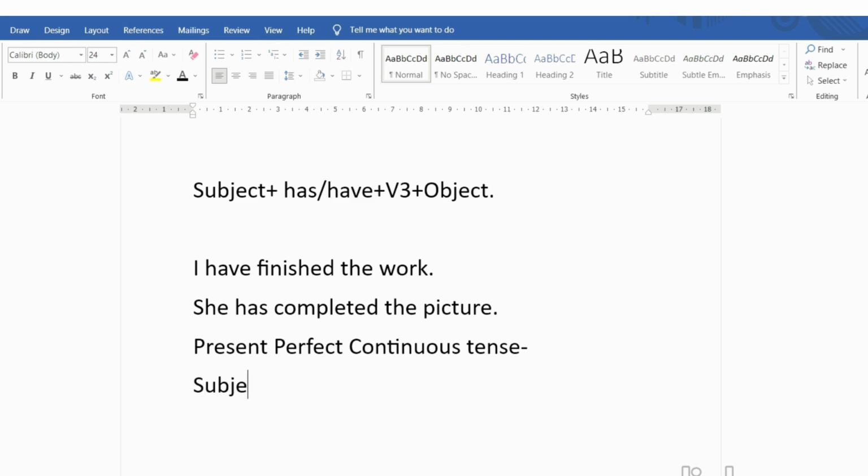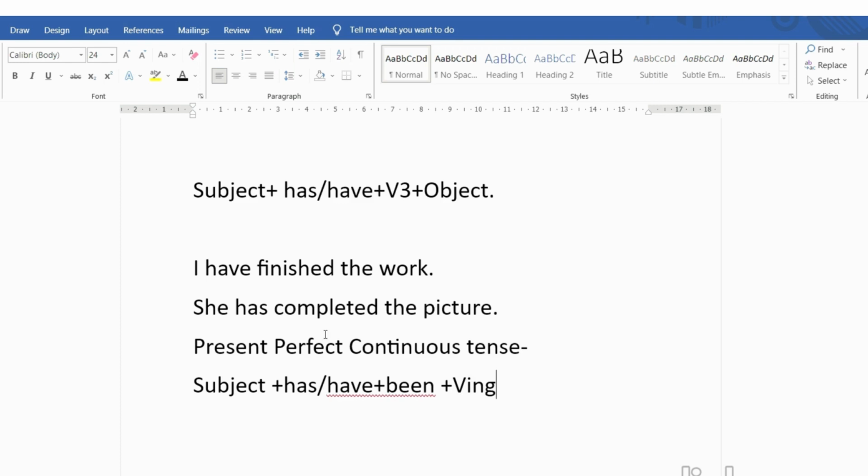I'll tell you how to use it. The sentence formation is subject plus has/have plus been plus V-ing, that is verb plus ing.